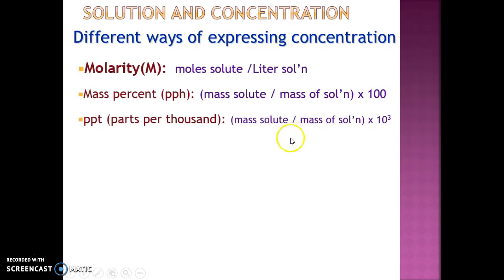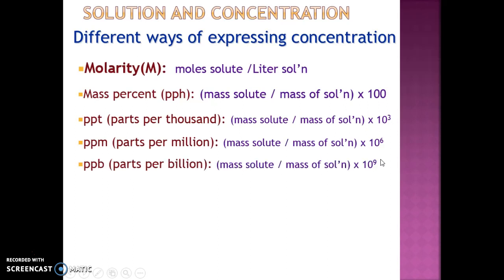Parts per thousand, basically we're doing the same thing here, except instead of multiplying by 100 to give it to percent, we're multiplying it by 1,000 to put it in parts per thousand, parts per million, and parts per billion. Again, everything is essentially calculated the same way. You're just going to use parts per billion if you have a really, really small quantity of solute.